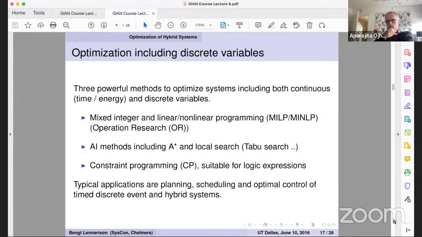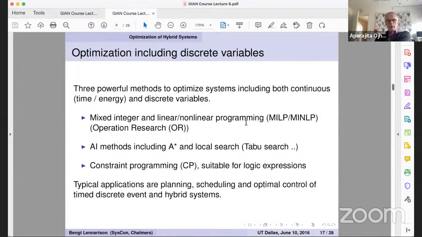And that book tried to highlight the strong relation between constraint programming, CP, and operation research. It's a book written by Professor Hooker. And then, of course, we have discrete variables and we have continuous systems including time and energy.